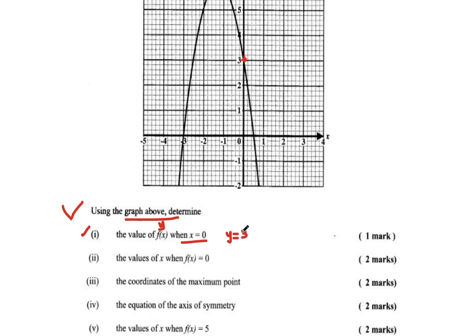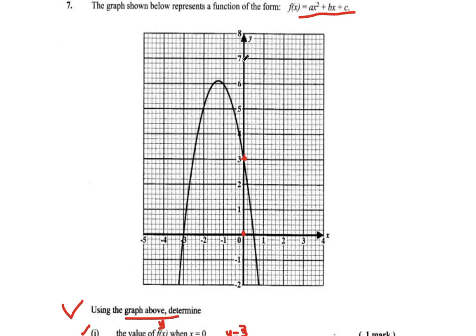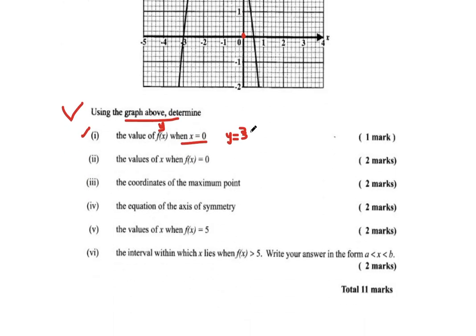Basically, we went to 0 at the origin, where the x value of 0 would be, and then went upwards and identified the corresponding y value, which is 3. So that takes care of number 1.